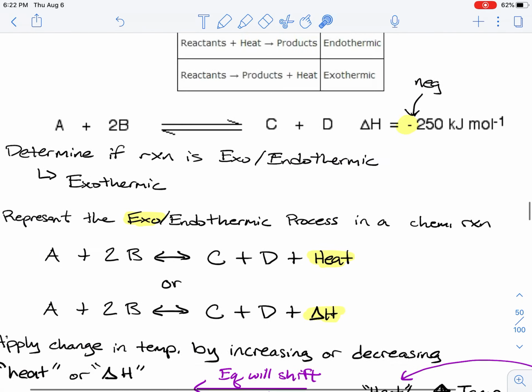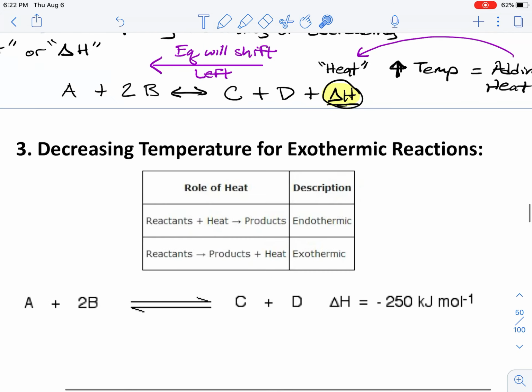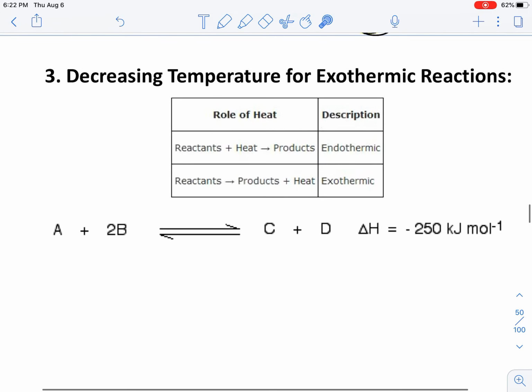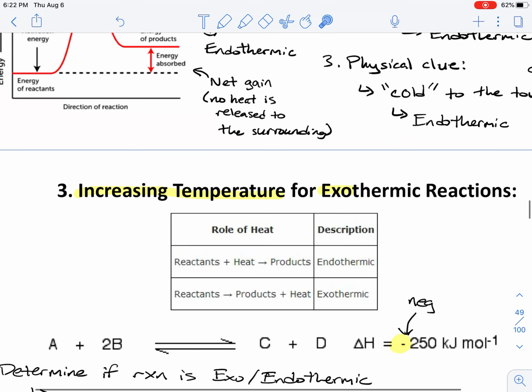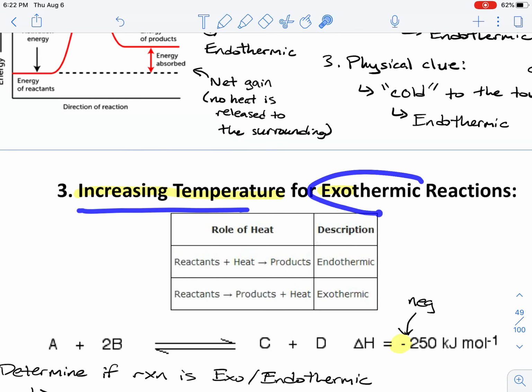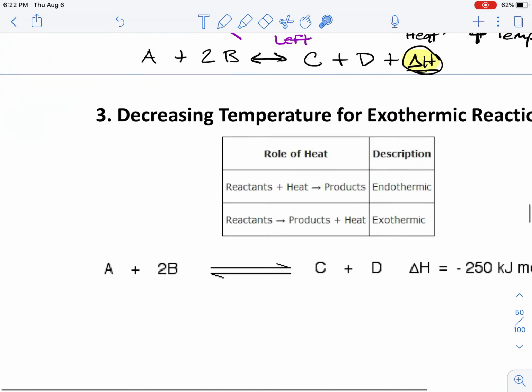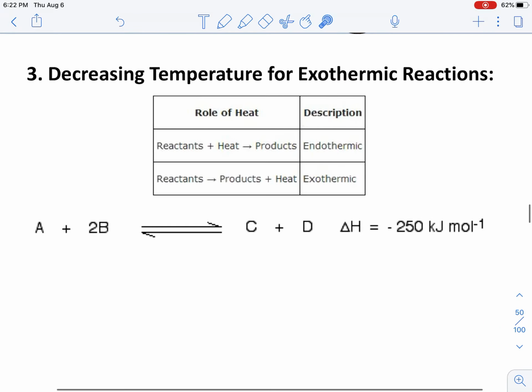Okay. So hopefully that made sense. So we're going to go ahead and look at 3 more scenarios. So the first scenario was an increase in temperature for exothermic reactions. And so we're going to look at the scenario where we see a decrease in temperature.